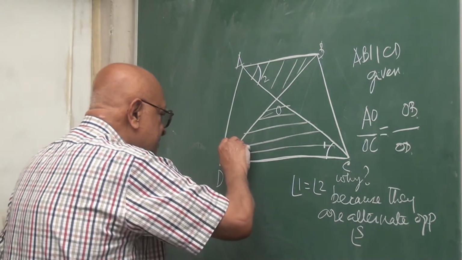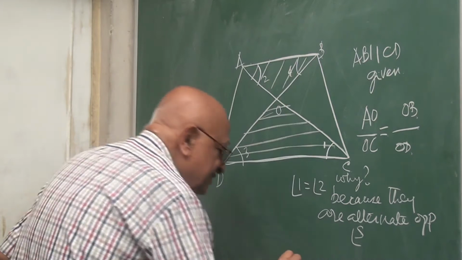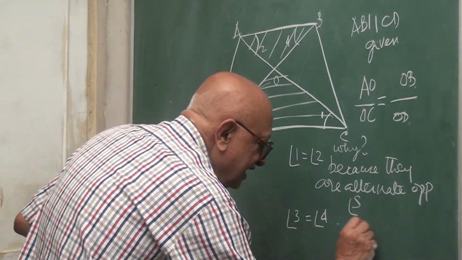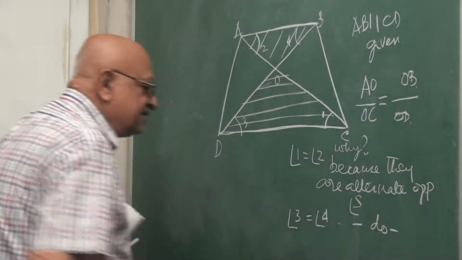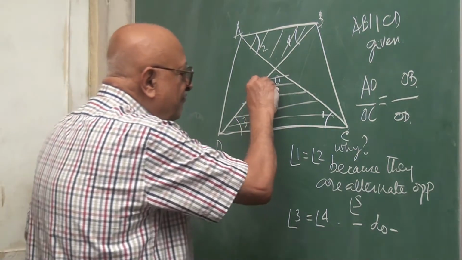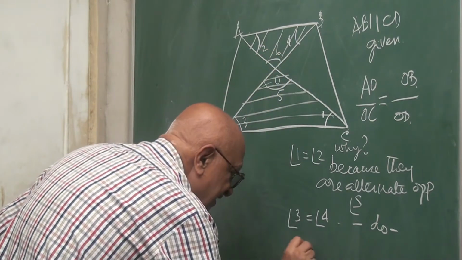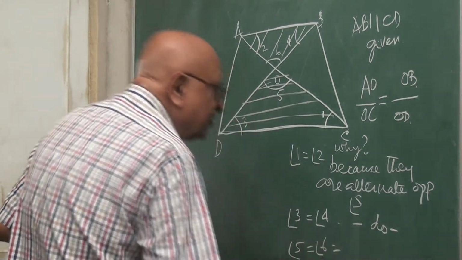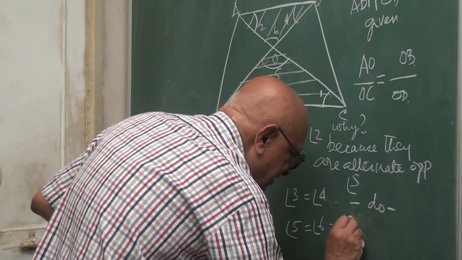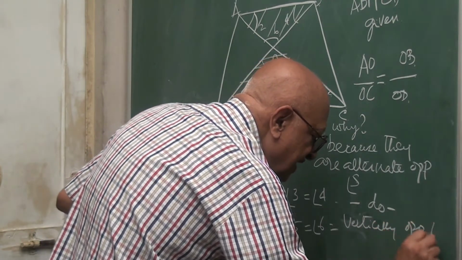Same thing. If I say this is 3, this is 4. So again, angle 3 equals angle 4, for the same reason. And now, angle 5 equals angle 6, because they are vertically opposite angles.